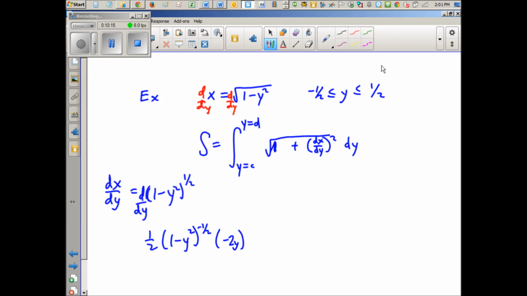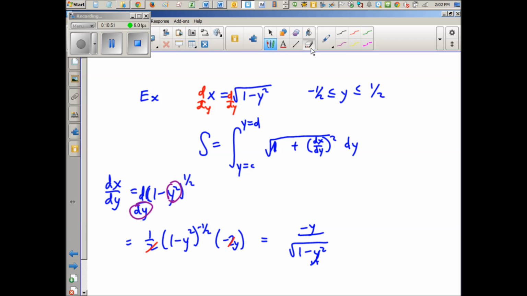You do not need to do a chain rule here, really, because you're differentiating with respect to y and the functions are in y. If you wanted to do a chain rule, you would just have a dy dy, which is 1. So we're just treating y as the independent variable and differentiating with respect to it. No need for chain rule here. The 2's cancel, and you end up with just -y on top, square root of 1 minus y squared on the bottom.